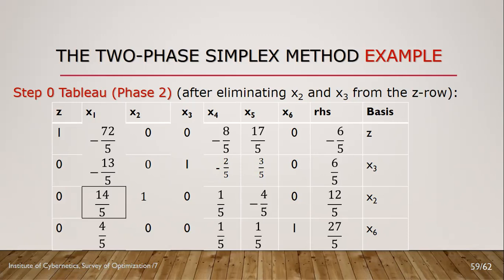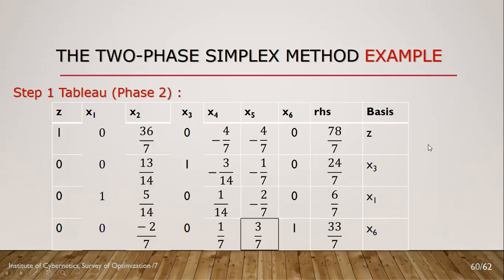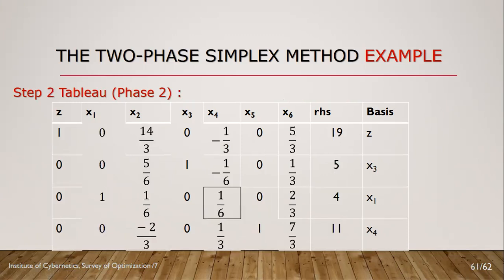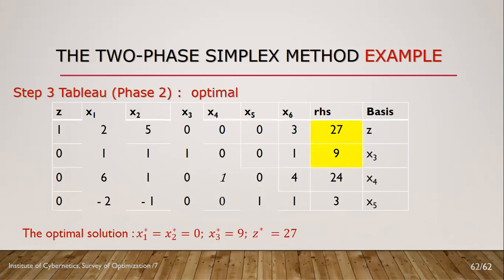Then we perform iteration 1, iteration 2, iteration 3, and at iteration 3 we come up with the optimal solution. It is optimal because there are no negative values. The only original variable which appears in the basis is x sub 3, and it has a non-zero value. It is 9, so it comes here.